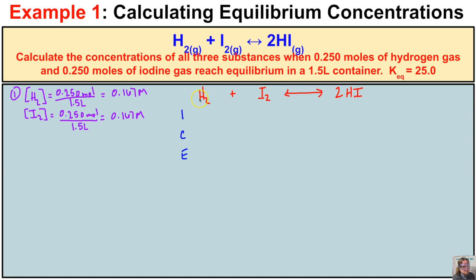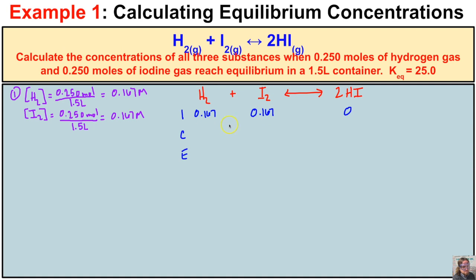If we take a look here, the initial concentration of our hydrogen gas is 0.167. And the initial concentration of our iodine gas is also 0.167. And the initial concentration of HI is going to be 0. Initially, we don't have any HI gas, but we have 0.167 moles per liter of this and 0.167 moles per liter of this.